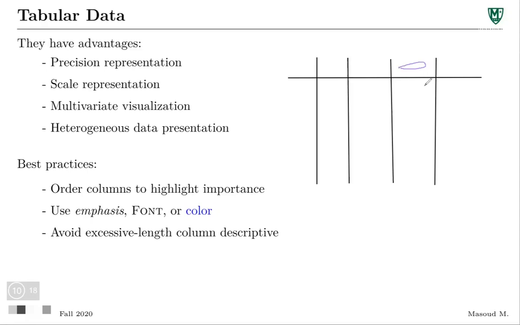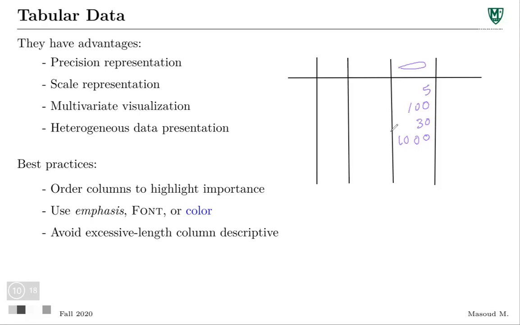So if this is 5, the next one is 100, it should be this way. The next one is 20 or 30, should be this way. The next one is 1,000, should be this way. So if you have a numeric column that represents numbers, they should be right aligned.